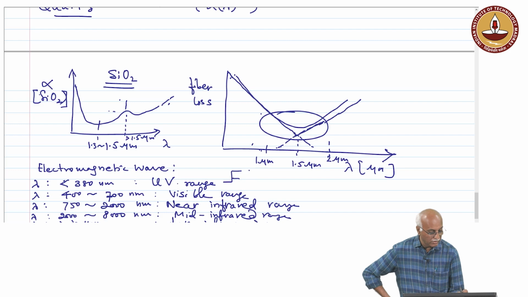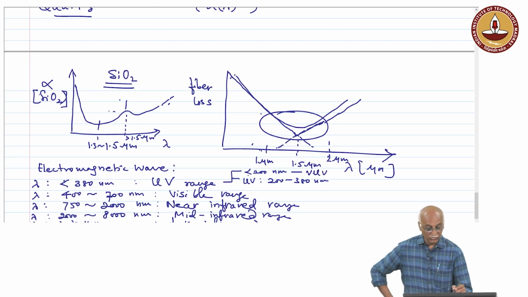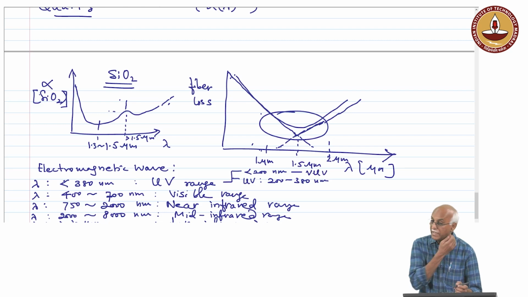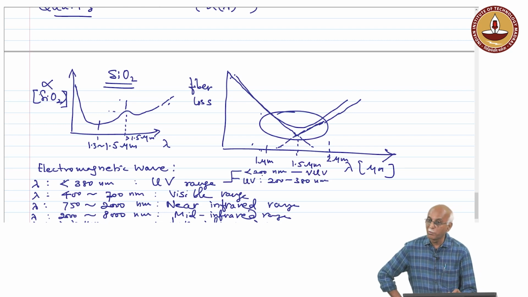So, if the wavelength is in the UV range, between let us say 200 and 380 nanometer or so, and less than 200 nanometer, we say vacuum ultraviolet, VUV. Why? Because many molecules in the air have prominent absorptions here.